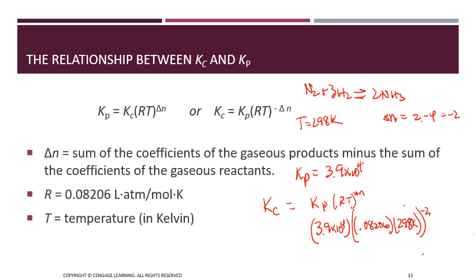So if we plug that in, 0.08206 times 298, and we raise that to the negative 2 and multiply it by 3.9 times 10 to the 4th power, and our Kc would be equal to 65.2. So a much different value that we get, much smaller in magnitude, but still showing that the products are favored for the reaction.